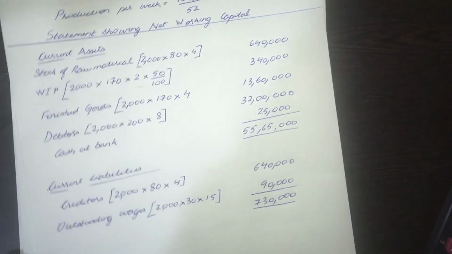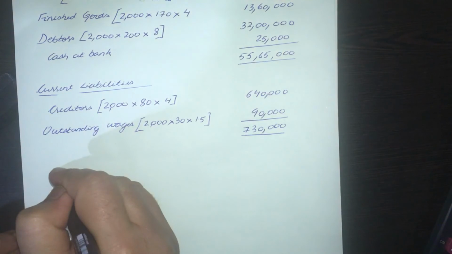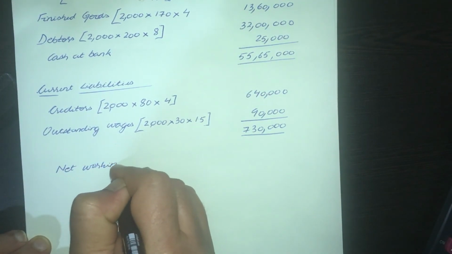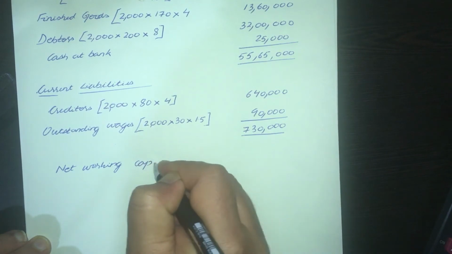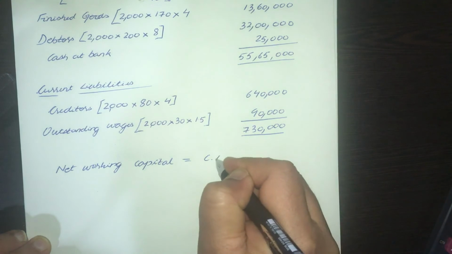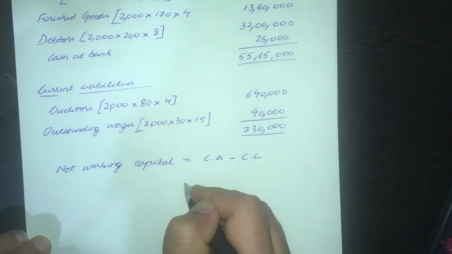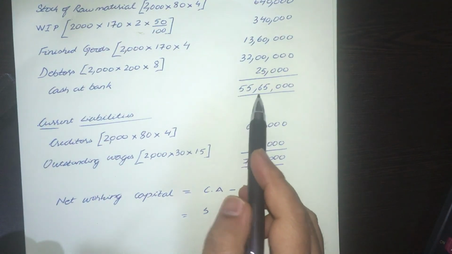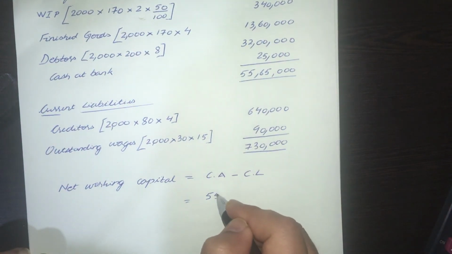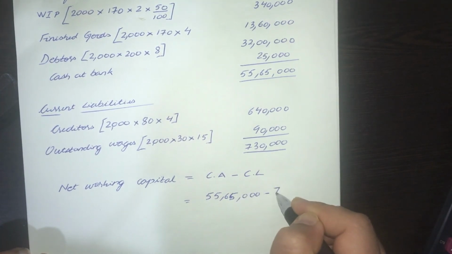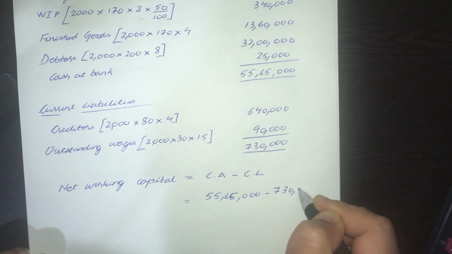So what is the net working capital? So your net working capital is equal to current assets minus current liabilities. What is your current assets? 55 lakhs 65,000, which we have found out, minus current liabilities, which is 7 lakhs 30,000.